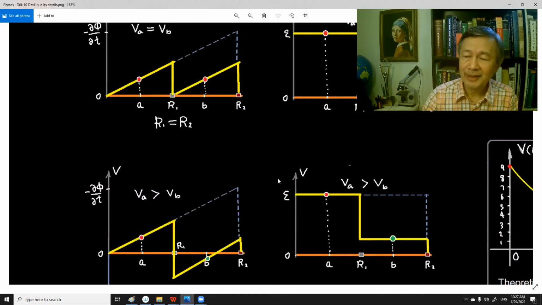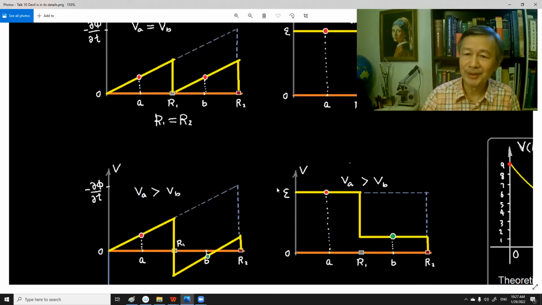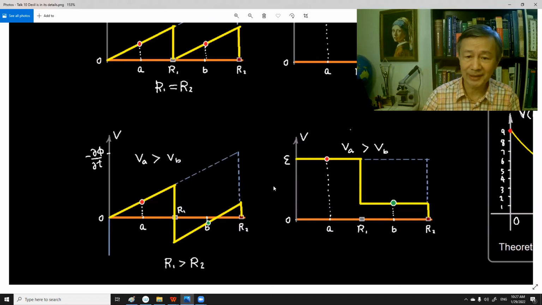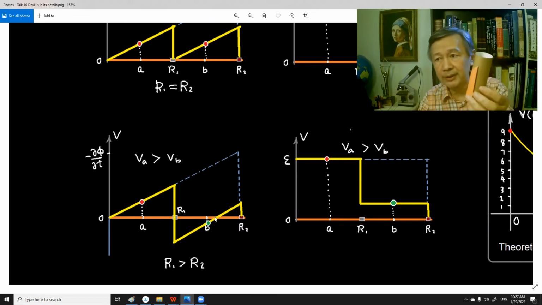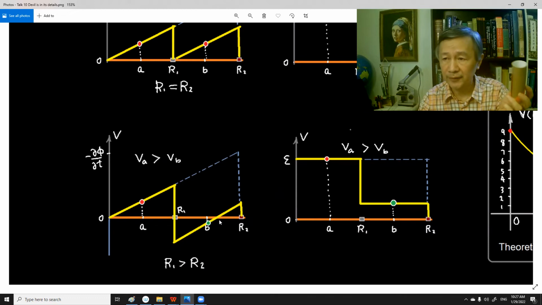Of course, you can consider a different scenario, for example if R1 is larger than R2, and we get a different profile. The one we built today is just for the first scenario.